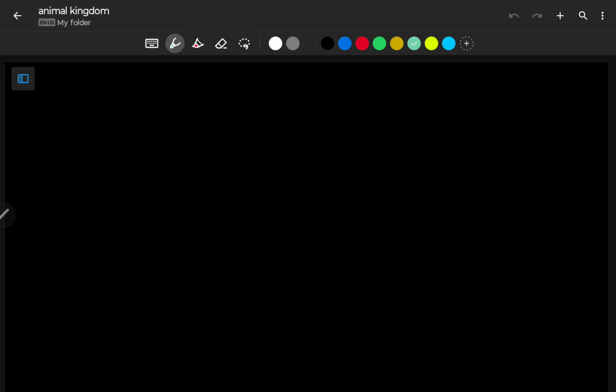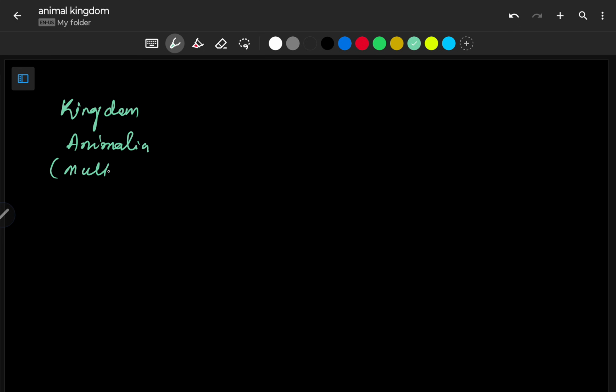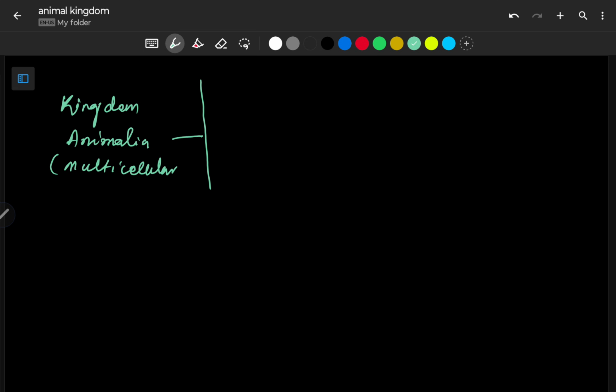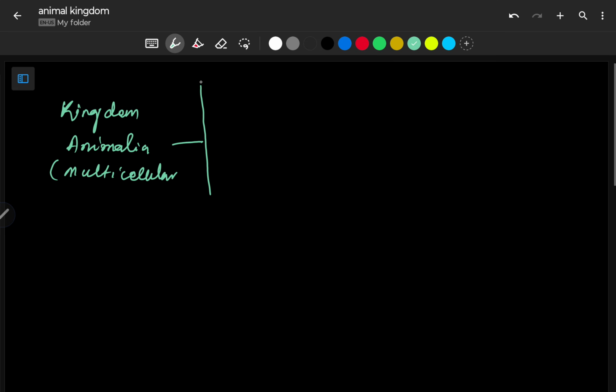Okay. So the kingdom is Animalia. Okay, and in Animalia, all the organisms are multicellular. Okay, and now this Animalia is divided into two groups depending on the level of organization.